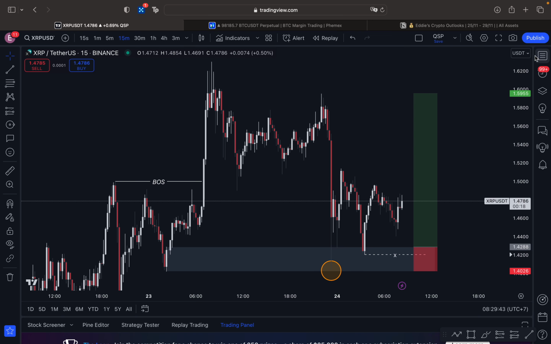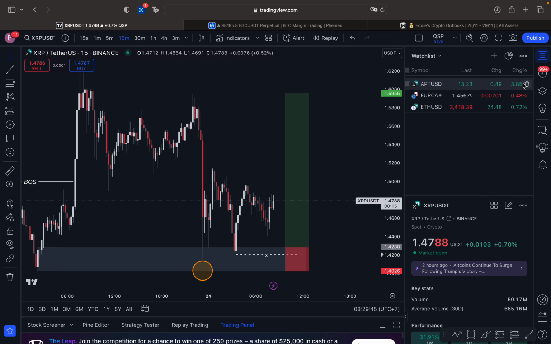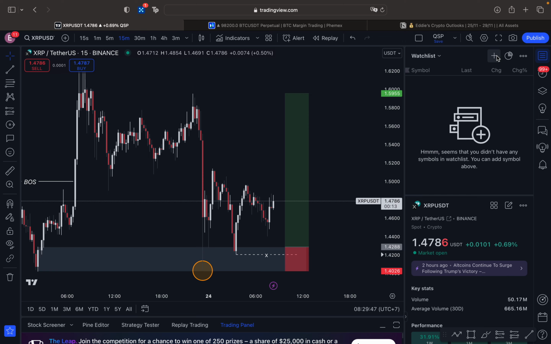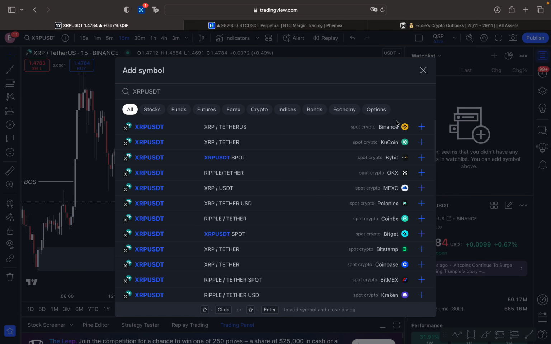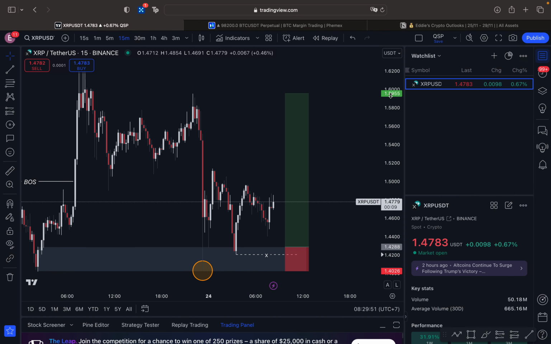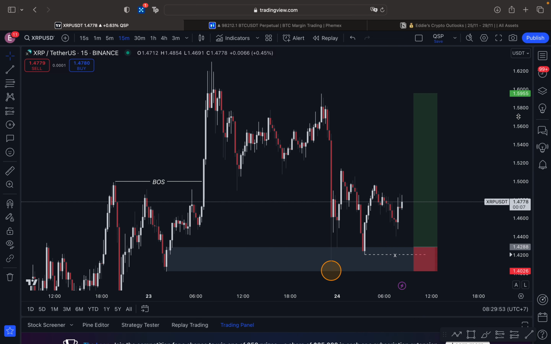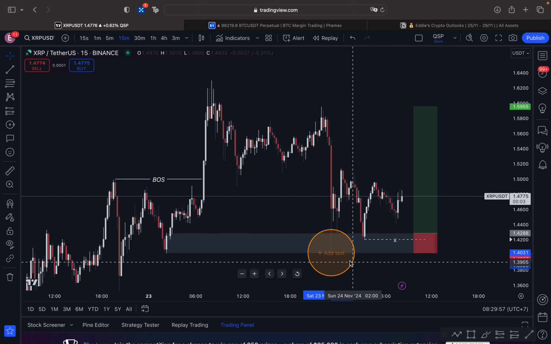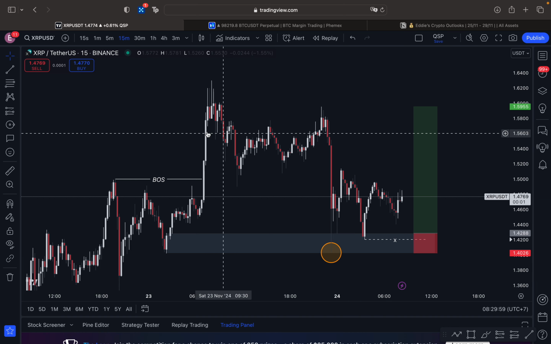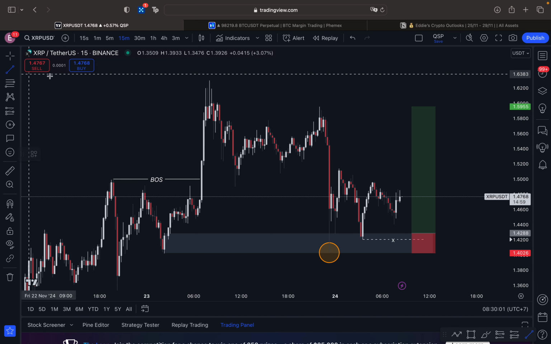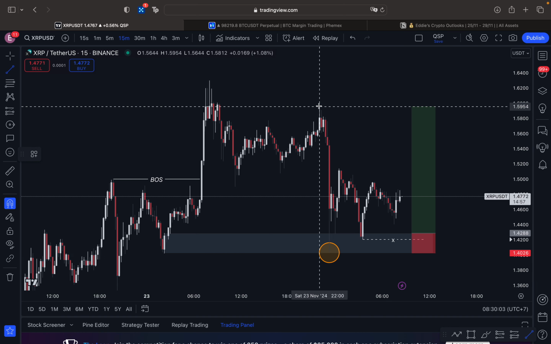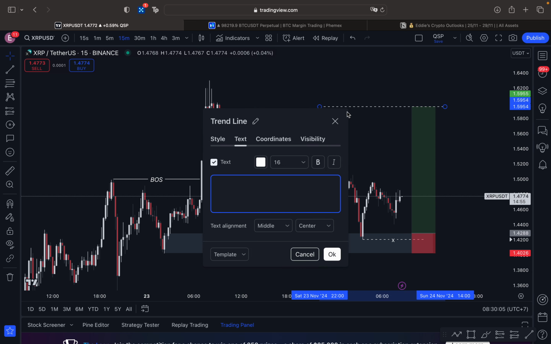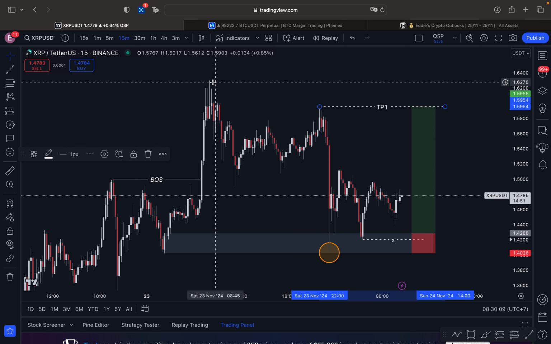So XRP for the day. I'm gonna clear these. I'm gonna add XRP USDT. And then, is that a full mitigation? Yeah, it is. Okay. That's the only trade I'm gonna be eyeing today. And then this is the first liquidity we want to aim for, so TP1. I'm not too worried about TP2.